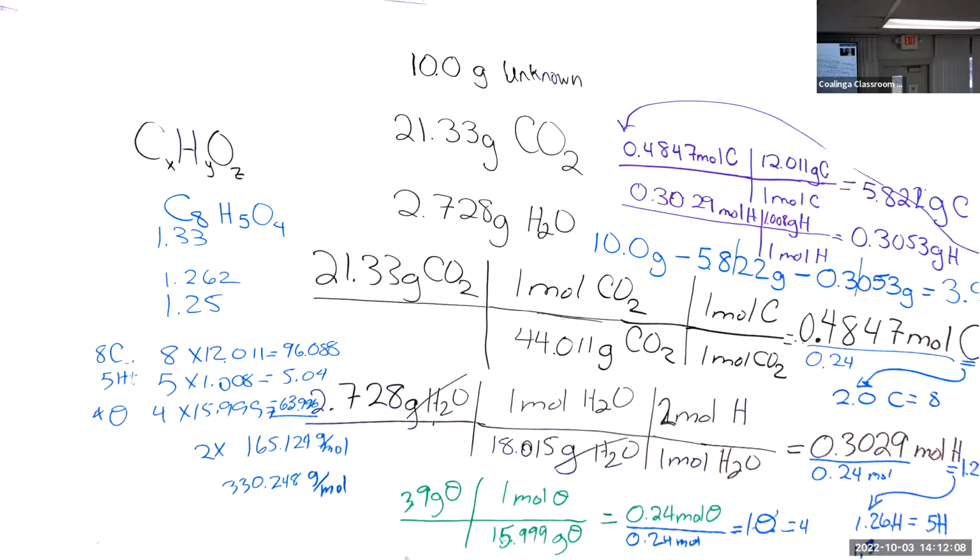Anybody entered that in there? This question would have given you the answer directly, but we just did it all together. I usually give you one where the mass is the answer.